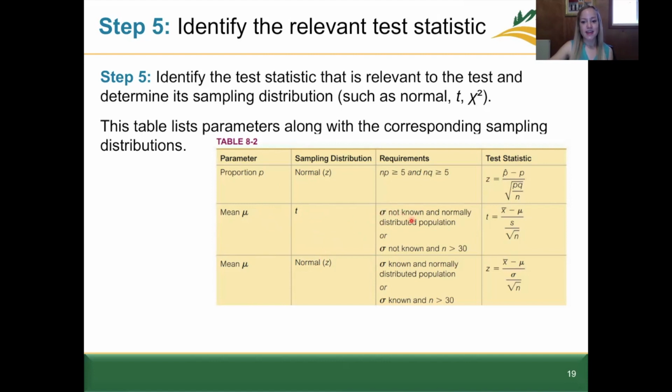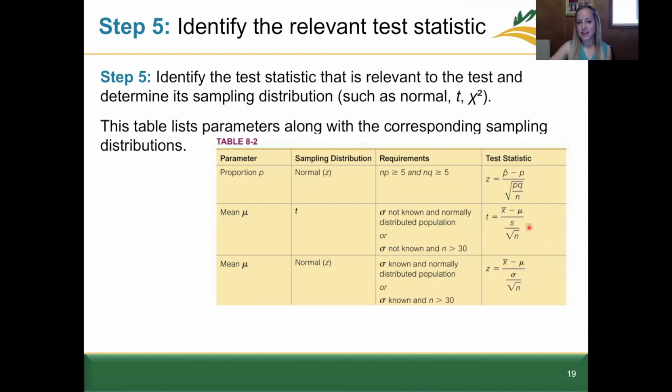And beyond that, we have to have a normally distributed population or the sample size n has to be greater than 30. Now, if we're working with the population mean or mu and sigma is known, the population standard deviation is known, then we work in this row. We say we have a normal distribution, then sigma is known and we have a normally distributed population again, or again, sigma is known and our sample size is greater than 30.